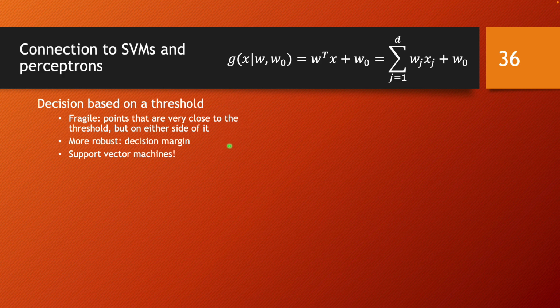And the key idea here is that this is very fragile. Points that are very close to the threshold, but on either side of it, are simply going to be thrown to one class or the other one, even though the difference between them in terms of the linear model is very small.